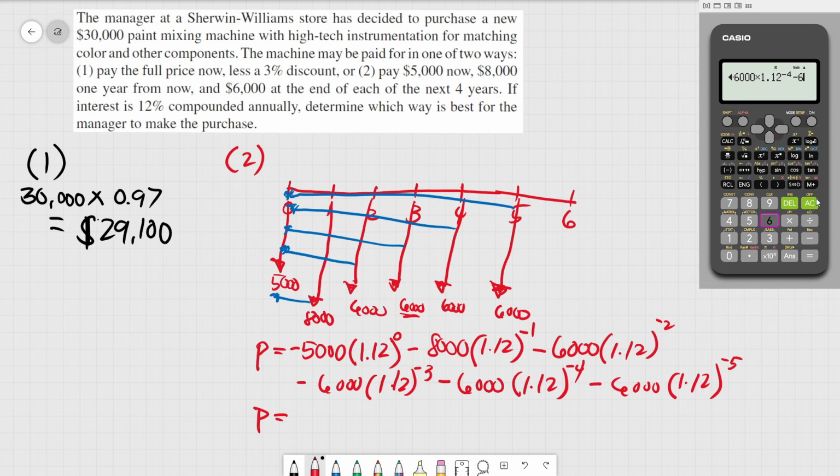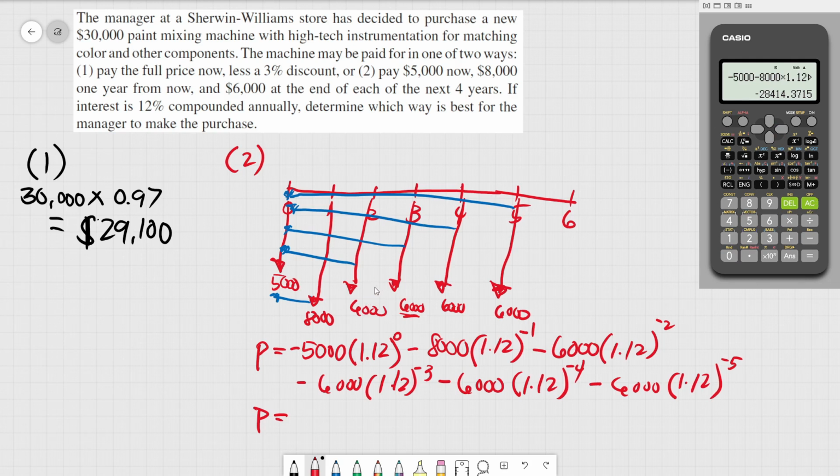And lastly, we have another 6,000 times 1.12 raised to negative 5. So we have here negative 28,414.